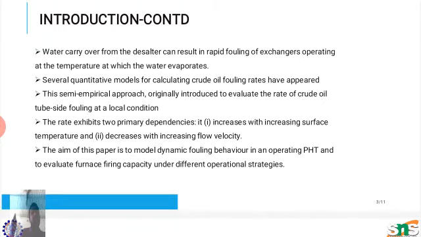Fouling also reduces the thermal efficiency of the preheat train. This results in a reduction in the coil inlet temperature and an increase in the required furnace duty. Once the furnace is unable to deliver the required heat duty, a reduction in throughput will occur to deliver the crude at its target column inlet temperature.